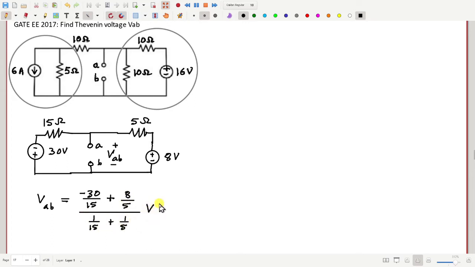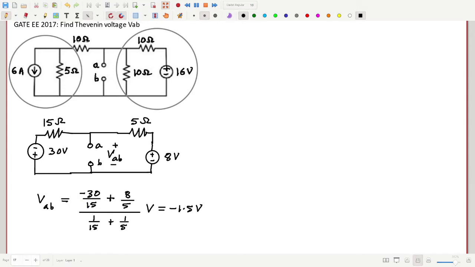This is in volt. How much is this? Minus 1.5. Yeah, it should be minus because 30 by 15 is larger than 8 by 5.